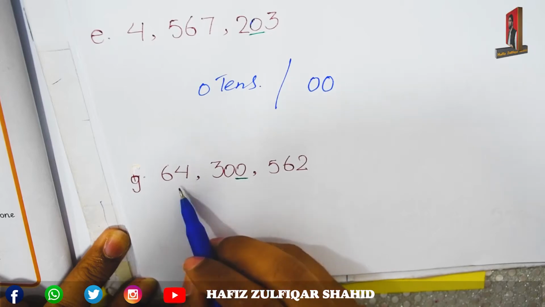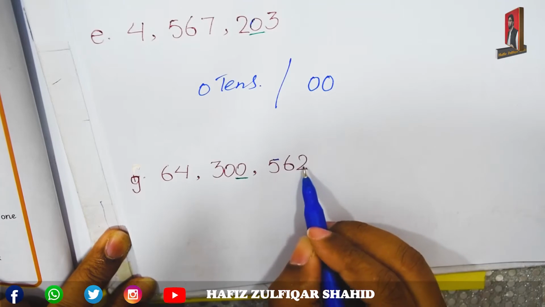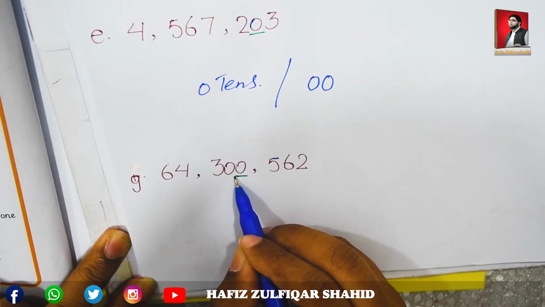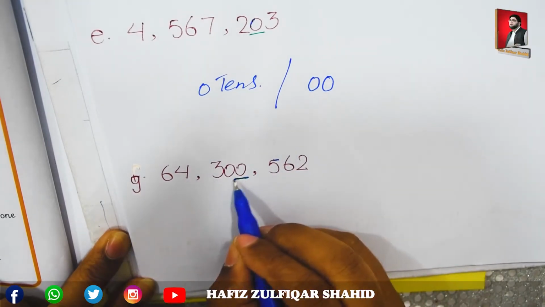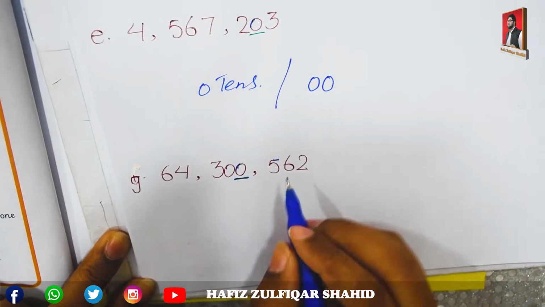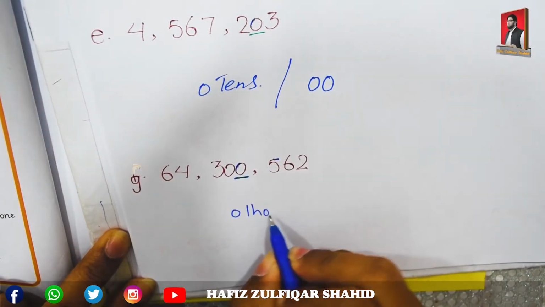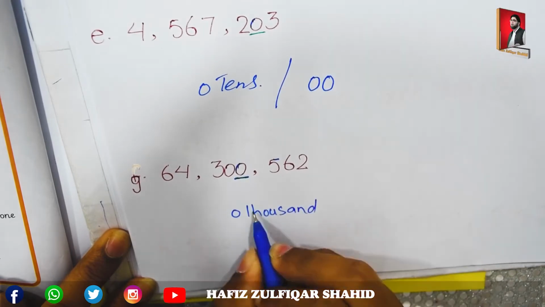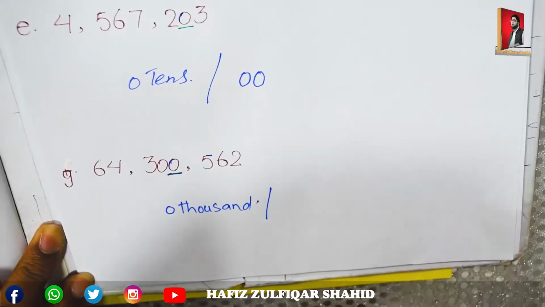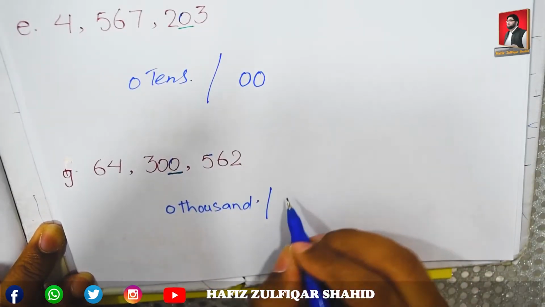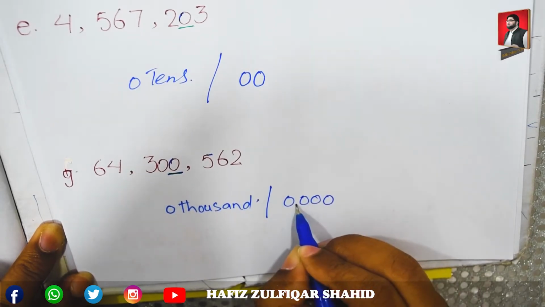Let's practice another question to build better understanding. Now we have the fourth digit underlined and its value is in thousands. So we have 0,000, just 1000, or 0, 0, 0.